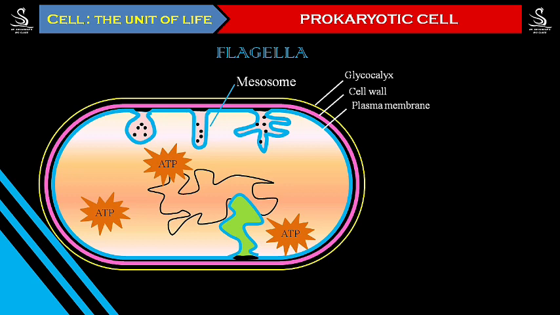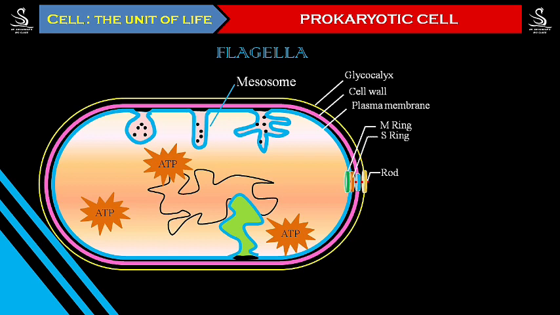Bacterial flagella are made up of a basal body, hook, and filament. Let us see how all those three parts are arranged. The basal body is made up of different rings, and those rings are connected with the help of a rod at the center. Those rings are called the M ring and S ring.